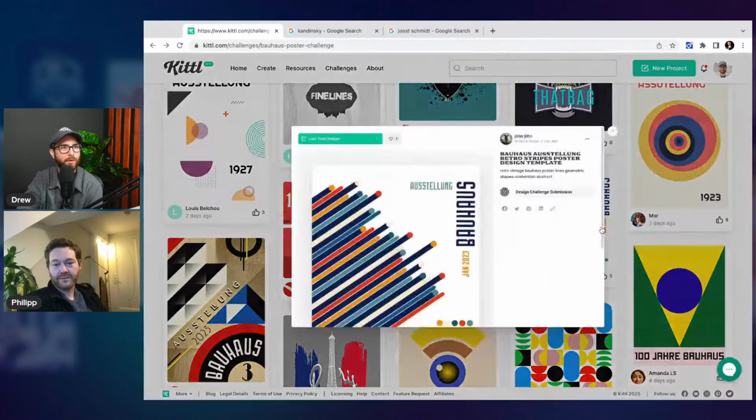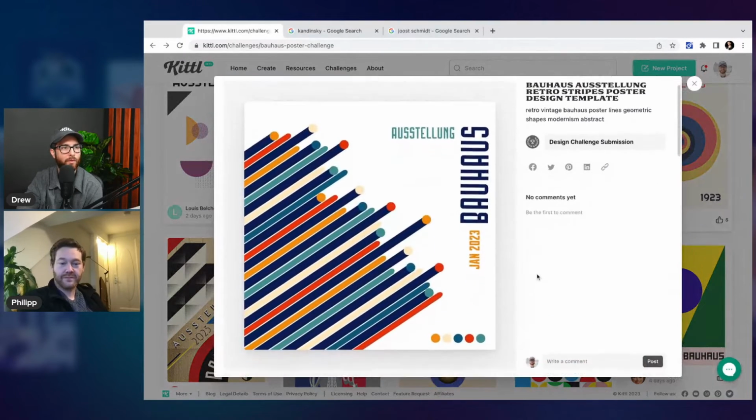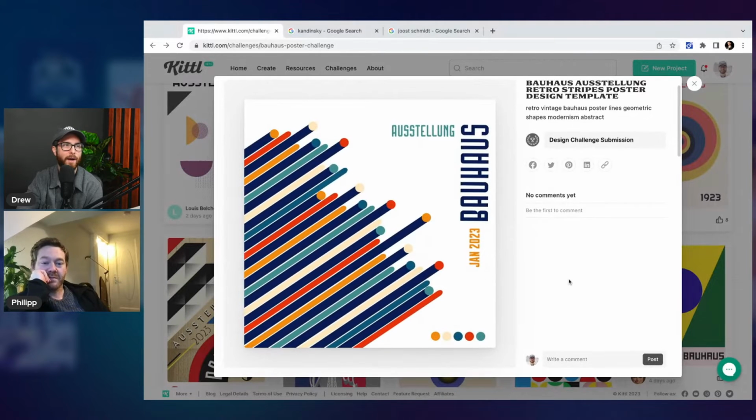We did make a couple comments that I think could take this one to the next level. My main thought here was that there are probably too many colors in the way these stripes are coming out from the angle here. What are your thoughts on this one?